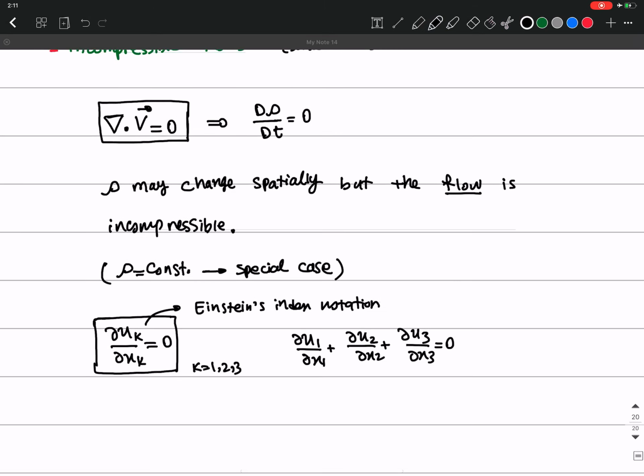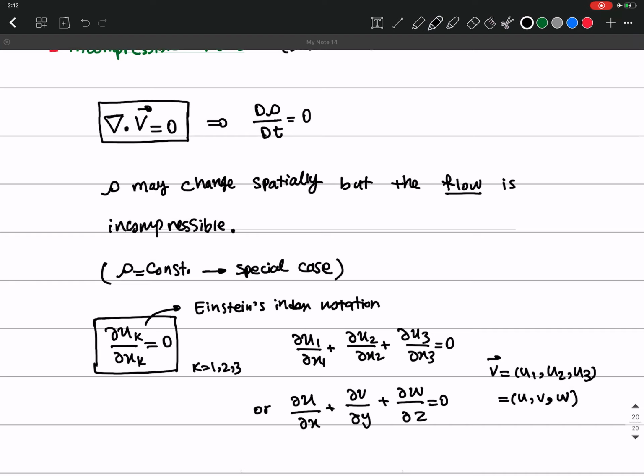And these are the velocity components of the total velocity vector, or we can write it as we had it before. It's partial u over partial x, the second component is v, partial v over partial y, and then the third component of the velocity vector is w, so it's partial w over partial z, equals 0. So just remember, your velocity vector has three components, u1, u2, u3, which we wrote as u, v, w.